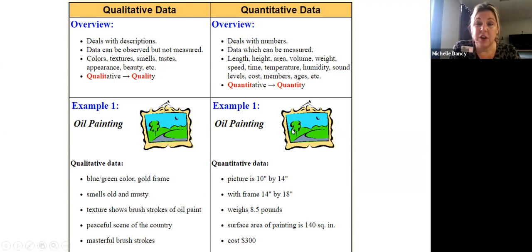Same exact picture, but if I was wanting quantitative data, I would say the picture is 10 by 14. In the frame, the overall measurement is 14 by 18. The picture weighs 8.5 pounds. The picture cost $300. So exact same painting, but depending on what I'm looking at about the painting, it could be qualitative data or it could be quantitative data.